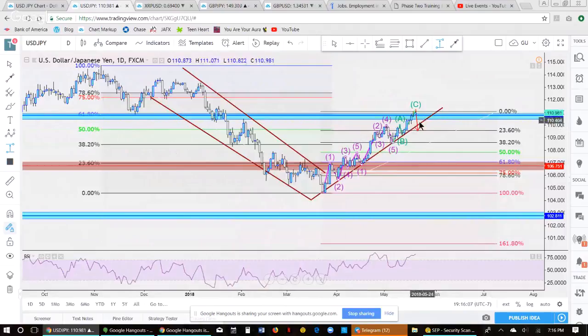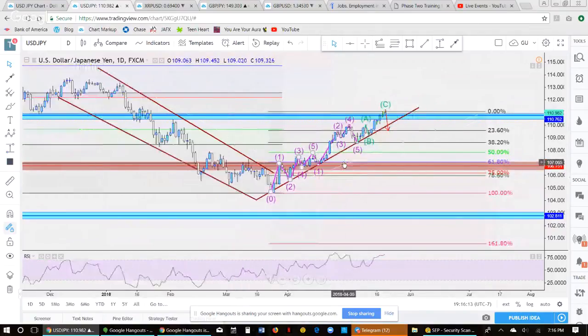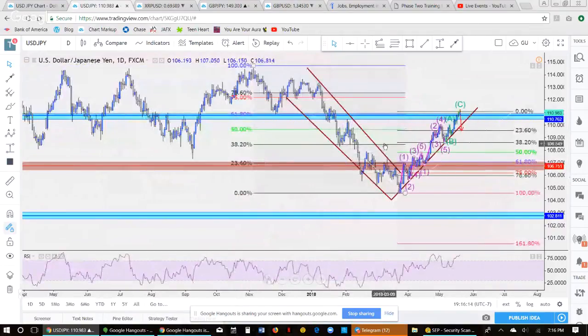But we have to take things into account. So let's say that we actually break the 61.8 and actually go up to the 100. So let's just say that happens. Or we go up here, but we follow price action that's happened here, or that's happened here.